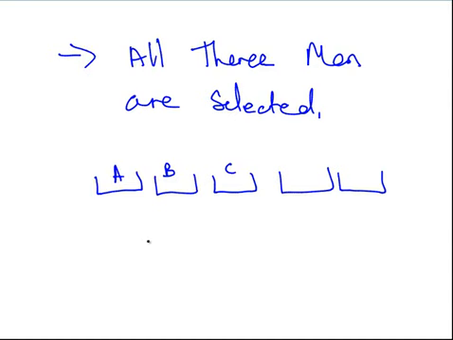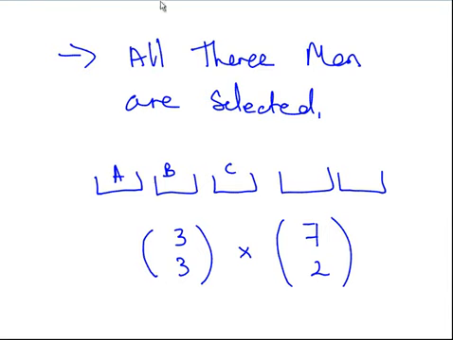From 3, choose 3. That's just 1. There's only one way you can do that. Times 7, choose 2. From 7, choose 2 is 21 ways.